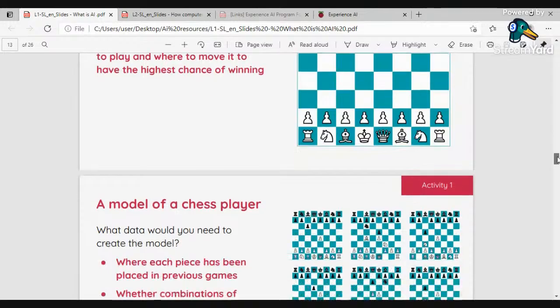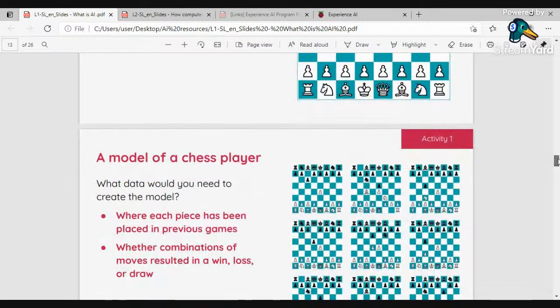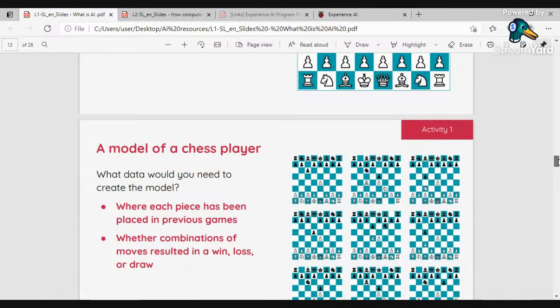But to really build an AI-based chess game, you will need a lot of data. And what kind of data do you need? You need data on where each piece was placed in previous games, and whether combinations of moves resulted in a win or loss.